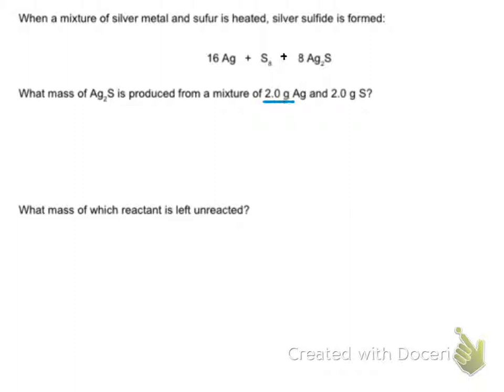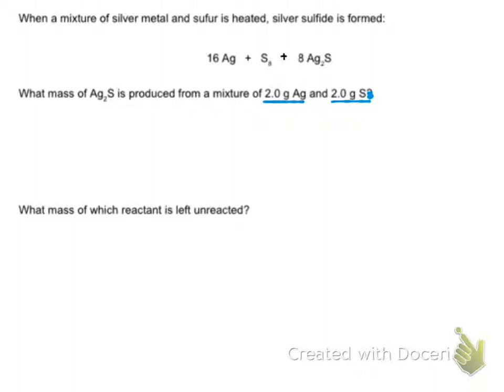So you've got your 2 reactants. And I'm assuming this is meaning S8. You've got your 2 reactants, and so you've got to figure out, starting with one of your reactants, how much product you will make, and starting with your other reactant, how much product you will make. And that will help you determine which is the limiting reactant.